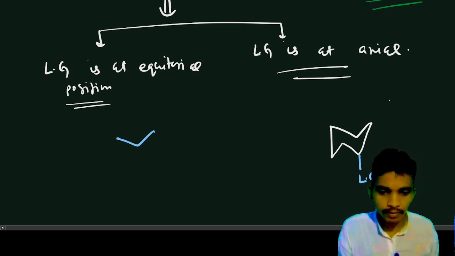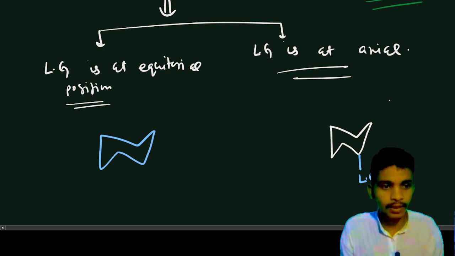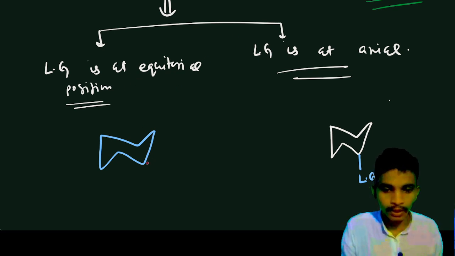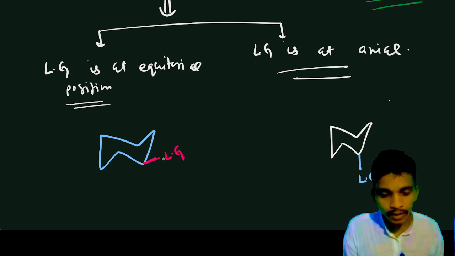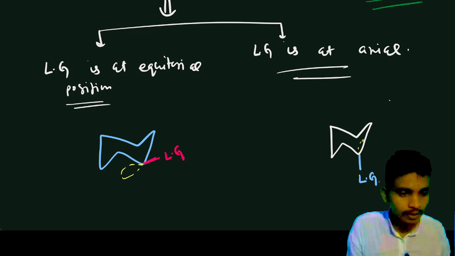And here, the leaving group is at equatorial, so let's say it is here. Then for this case the antibonding will be on this side, and for this case the antibonding is on this side.